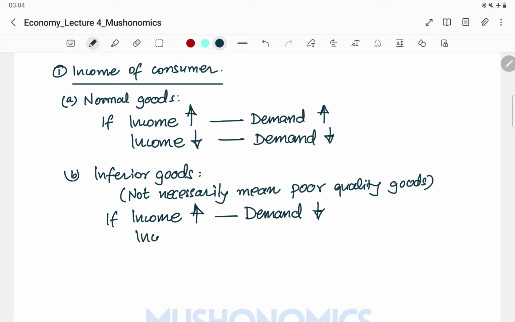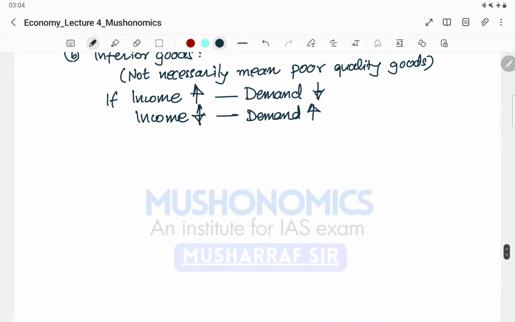And if your income is decreasing, so you are moving from superior to inferior, then your demand will increase. So for inferior goods, if income is increasing, the demand will decrease, and if income is decreasing, the demand will rise. Okay, so this is the first thing, income of a consumer.